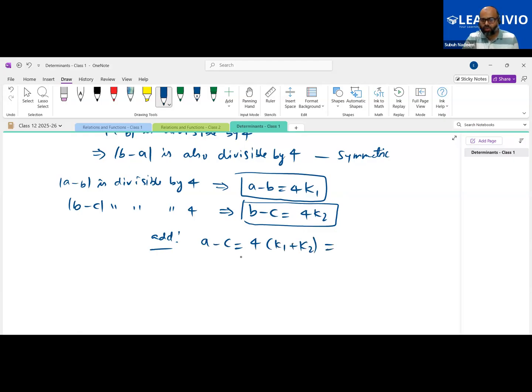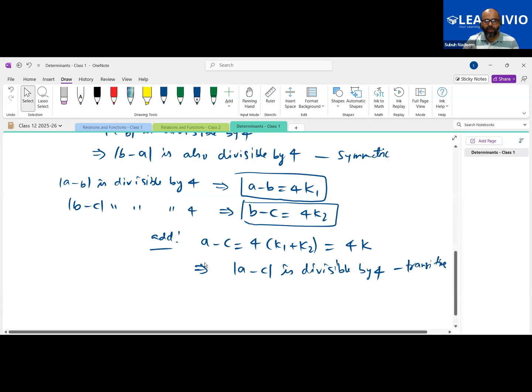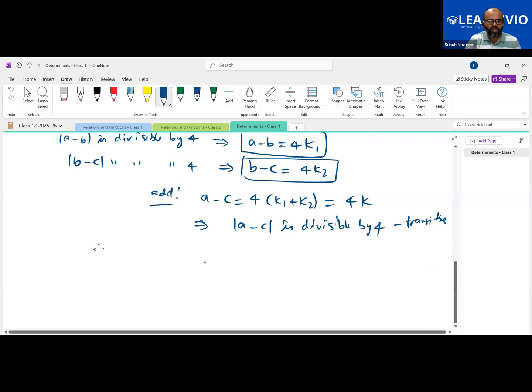So k1 plus k2 is also an integer, so it will be 4k. So a minus c is 4k, which means mod of a minus c is divisible by 4. So we say that it is transitive also. So if it is reflexive, symmetric, and transitive, therefore it is an equivalence relation.